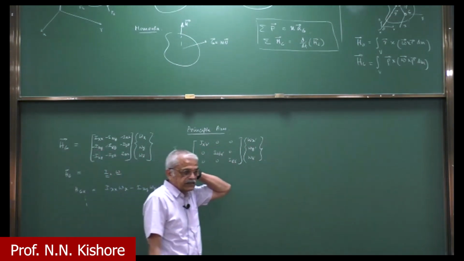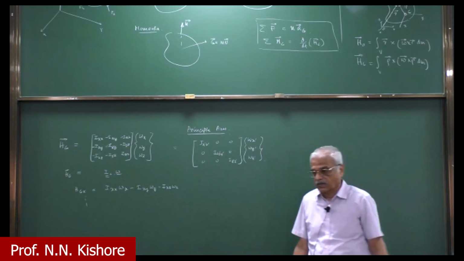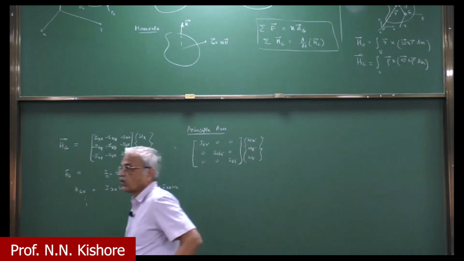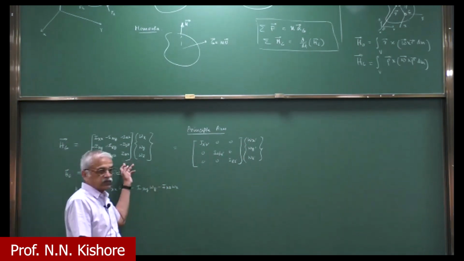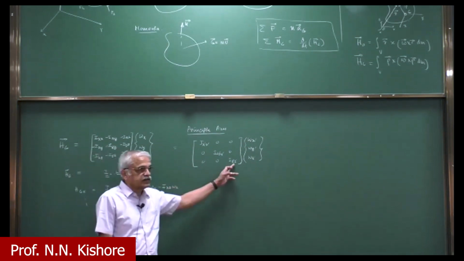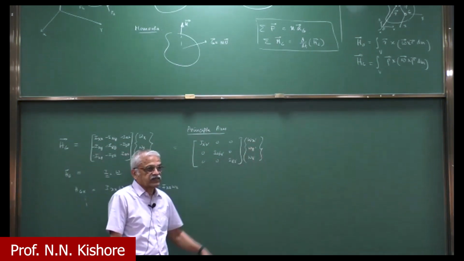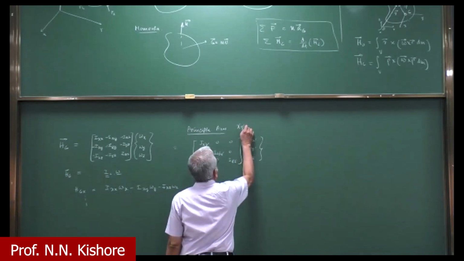So there exists this principal axis of inertia, the symmetric axis, and so this formula will turn out to be much simpler, right? This is for a general body, general orientation of the axis, and this is a special orientation of this axis, x prime, y prime, and z prime.